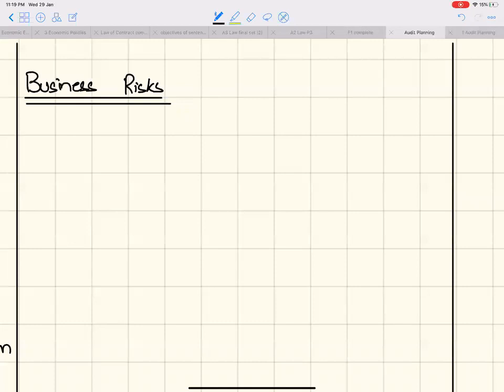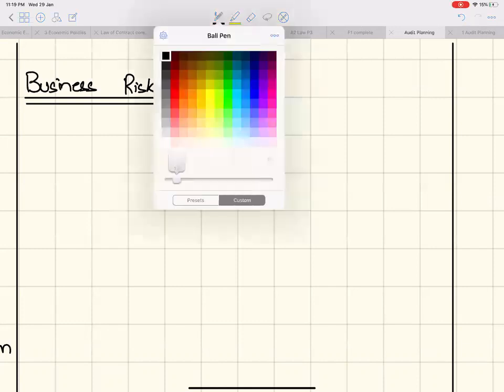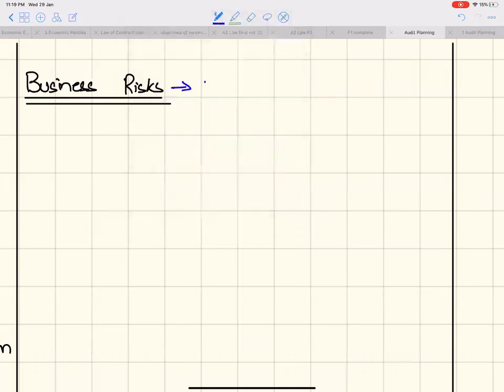Whenever the examiner gives business risk, he asks risk of material misstatement also along with it. So business risk comes for 10 to 15 marks in the examination, and the remaining marks of risk evaluation will be covered through risk of material misstatement.